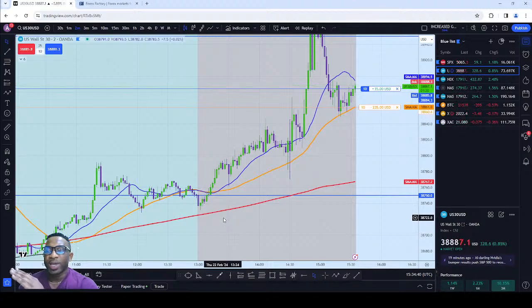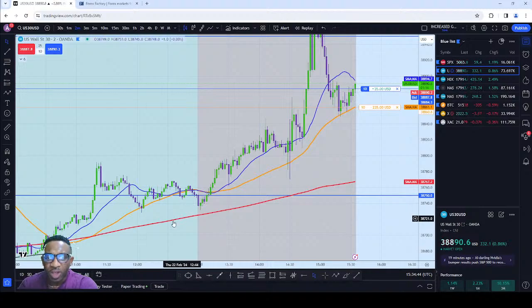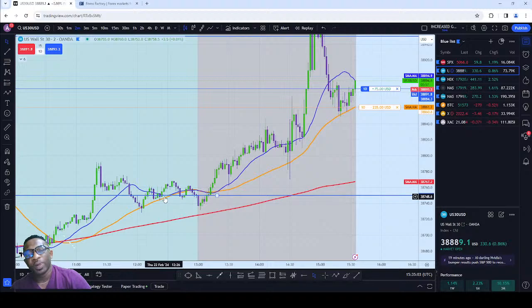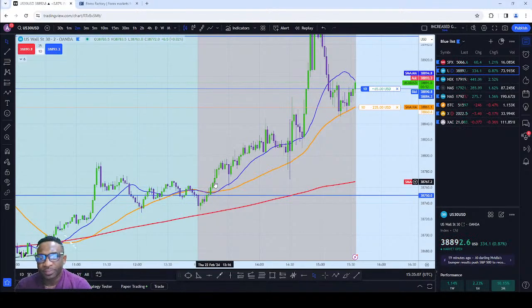That tells us we are in an uptrend. In this uptrend, whenever we see the blue line crossing above the 50 MA, we expect price to pull back to the moving average again. Then when we have that pullback, we look out for an event to go to the upside.